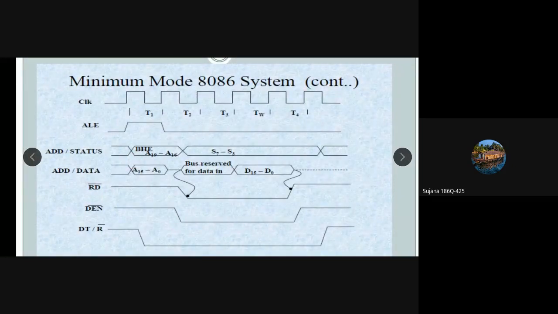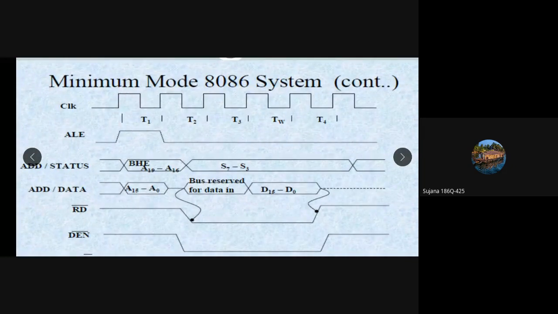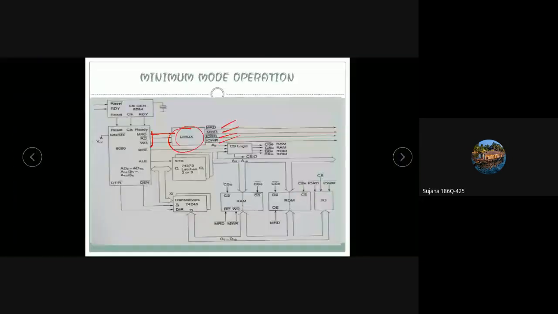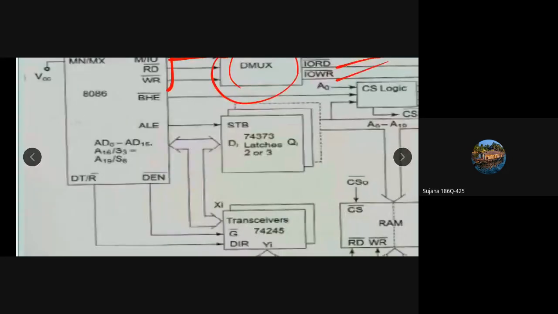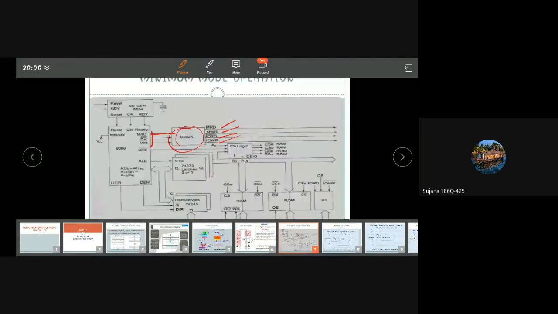After activating it, during the negative going edge of the signal, which is this negative going edge, the valid address is latched at the address bus.